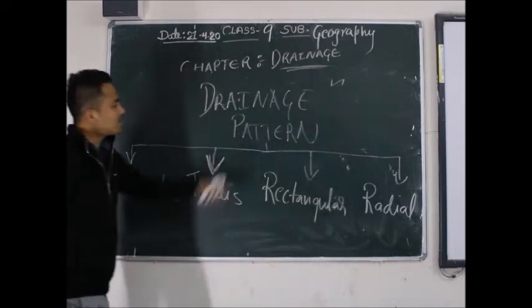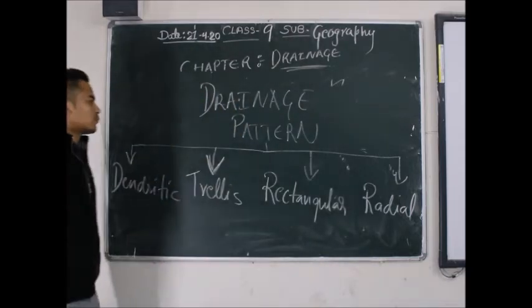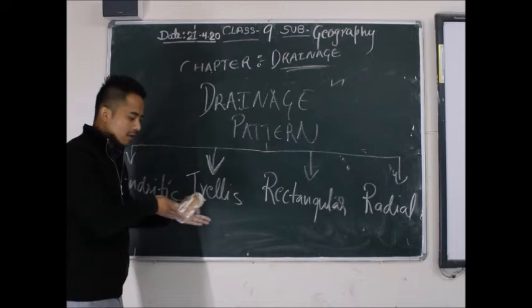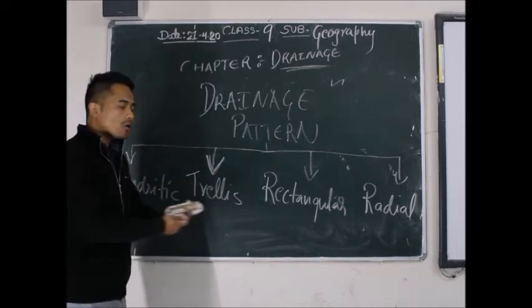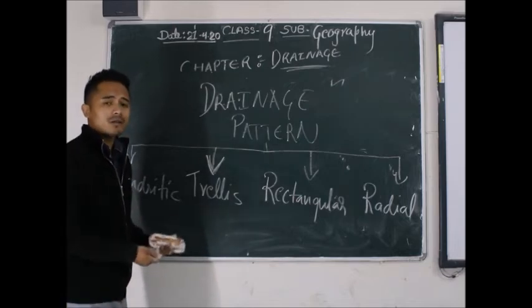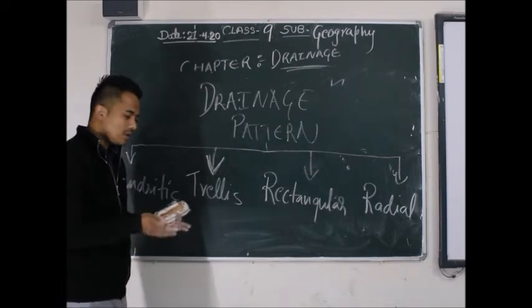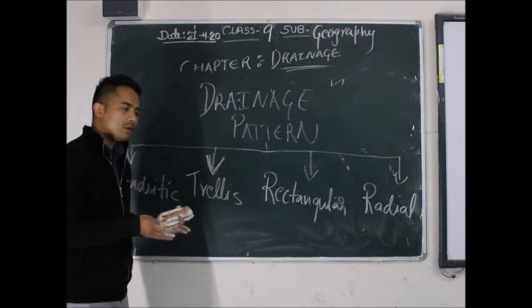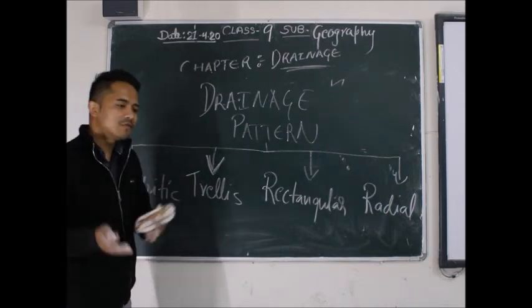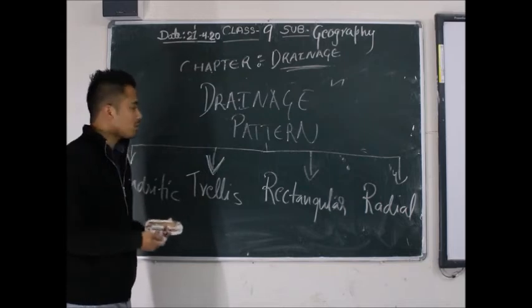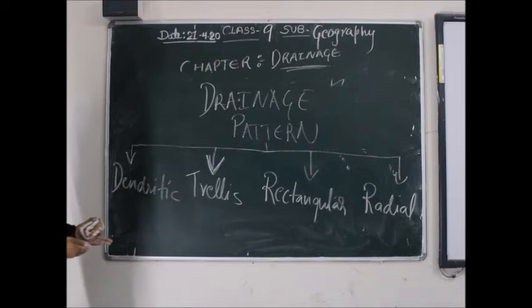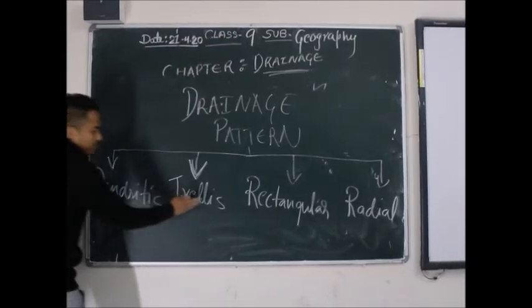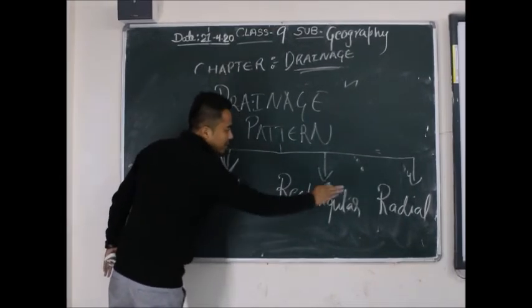Drainage pattern is the pattern of flow of a river. In what pattern does a river usually flow? This pattern occurs naturally. In some areas, while making dams or shifting rivers, there are some human activities too. But usually these patterns occur naturally.